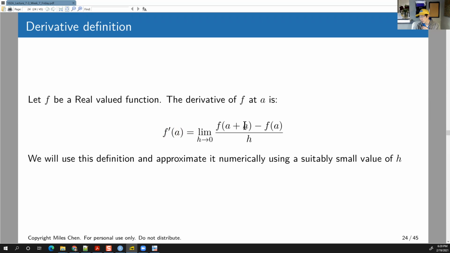We're asking how much the function changes going from a to a plus h. We take the difference vertically and divide it by the difference horizontally as h shrinks smaller and smaller. Basically, all we're going to do is add some small constant value h.